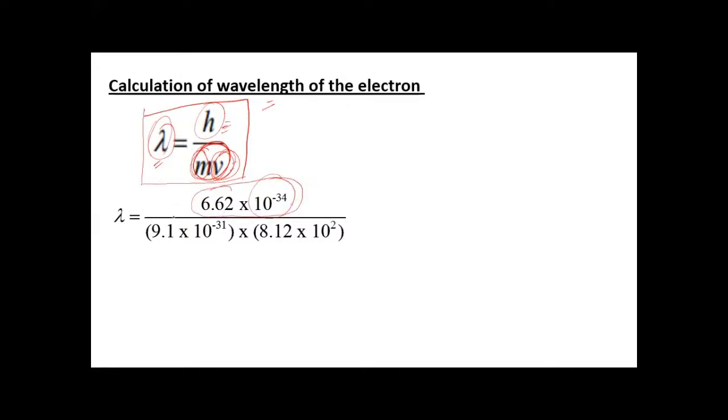Mass of the electron is 9.1 into 10 to the power minus 31 and velocity is 8.12 into 10 to the power 2. When we solve this equation, the answer comes to be 0.0896 into 10 to the power minus 5 meter. So this is our answer.